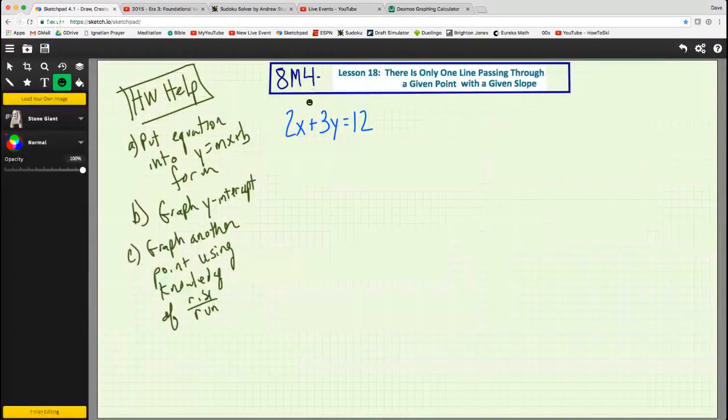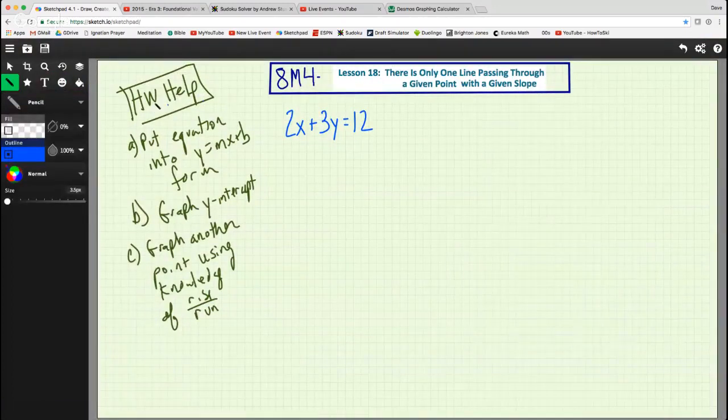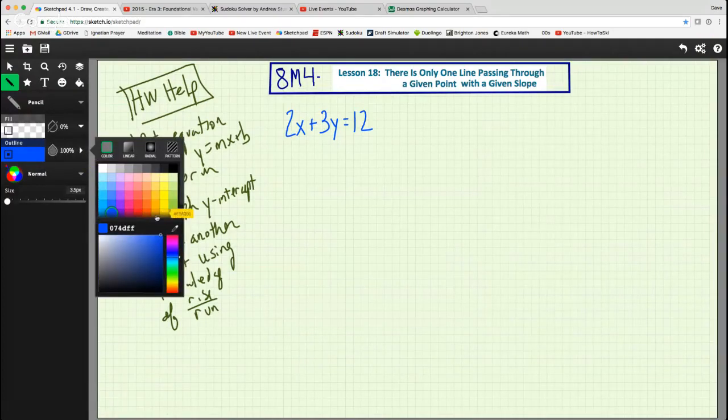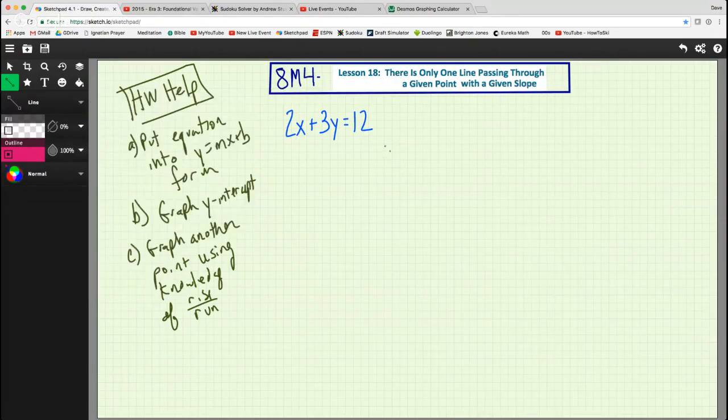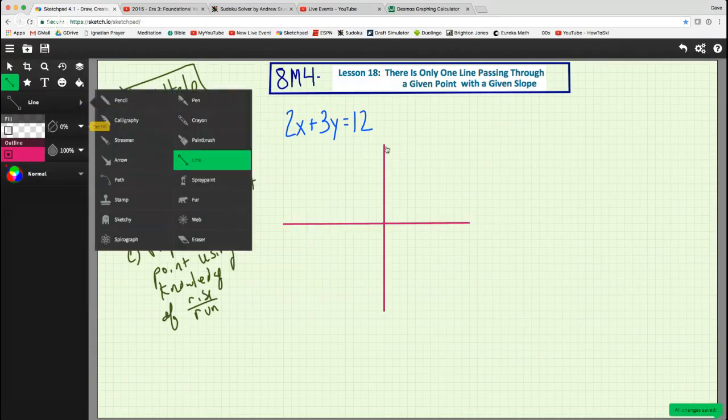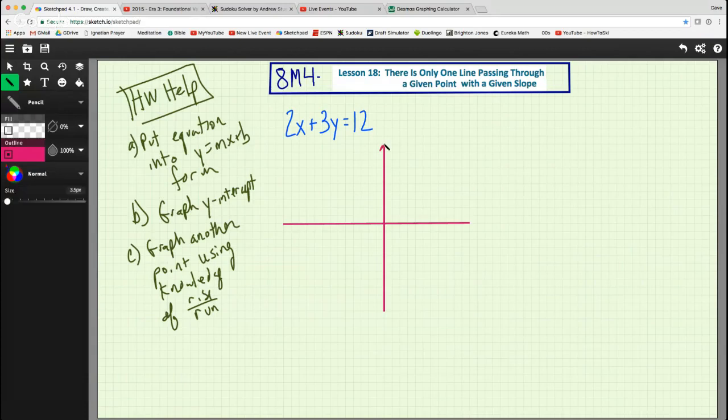Uh-oh, a little trickier, but I think we can do it. I'm just going to make our graph, and then you need to pause and try. Do not just sit here and watch me do this. I want you to put pencil to paper and make this happen.